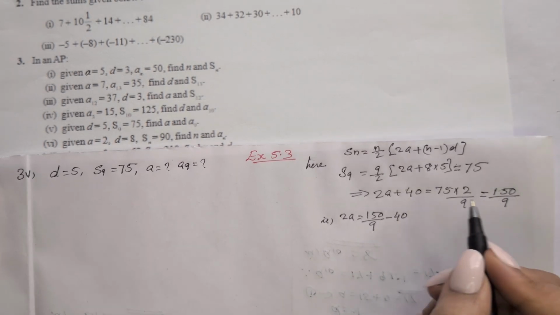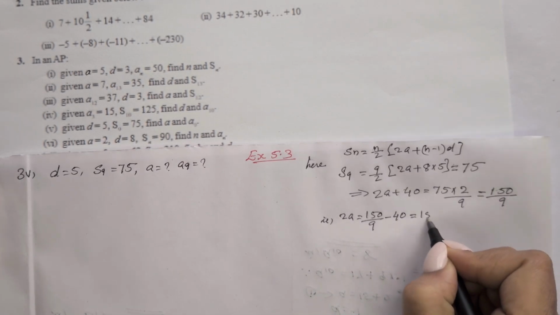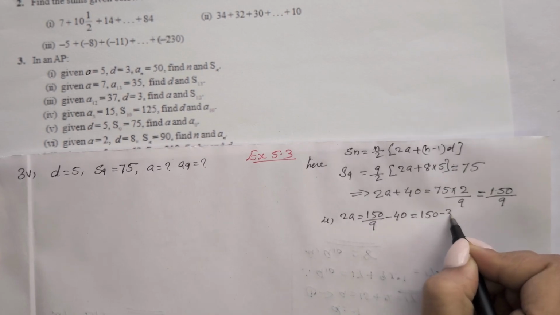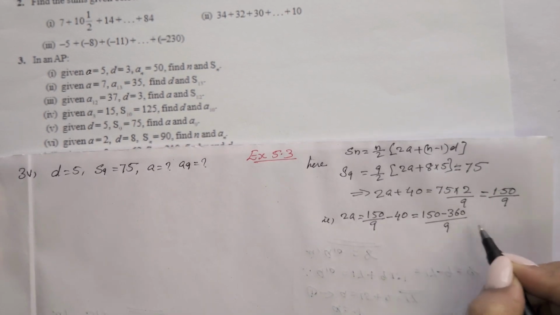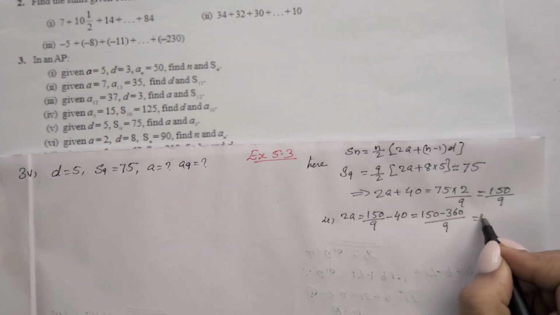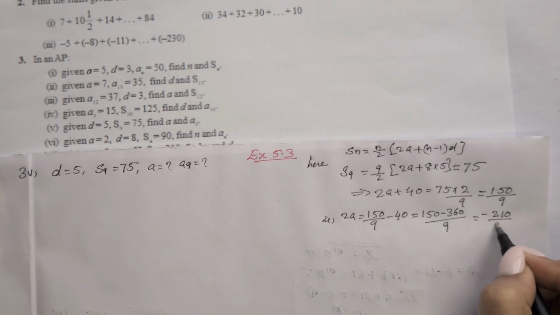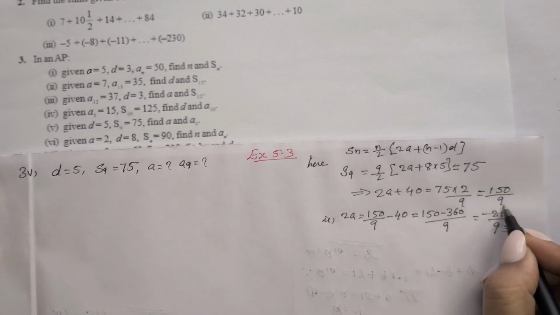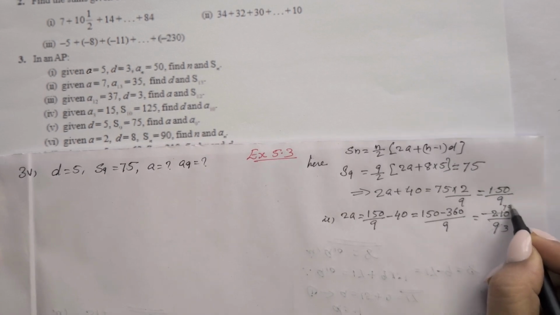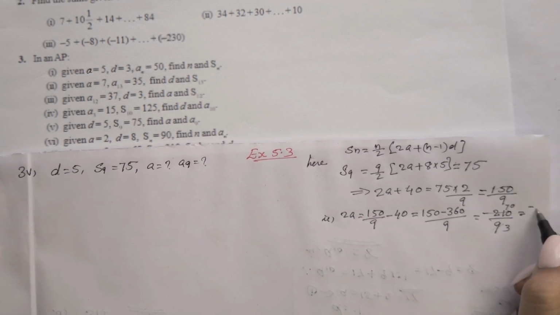Move this 40 to the other side. Take 9 as the LCM. So 150 minus 360 divided by 9. That is equal to minus 210 divided by 9. We can divide by 3. So minus 70 by 3.